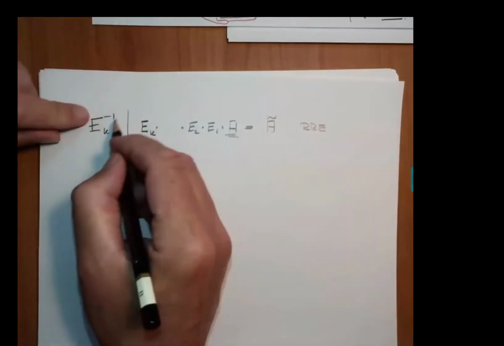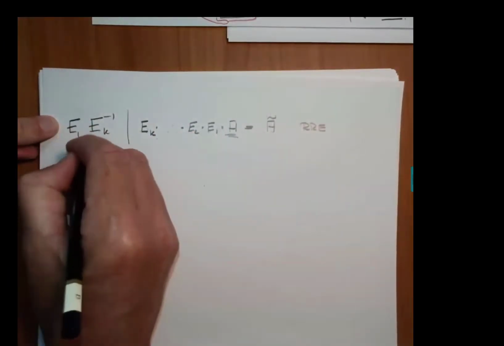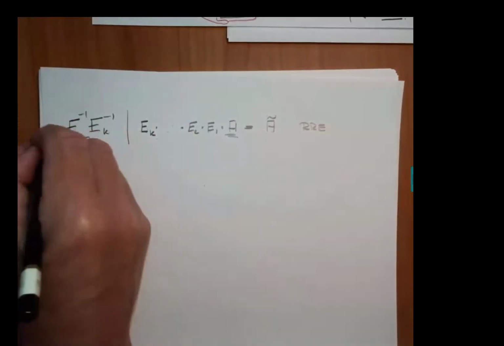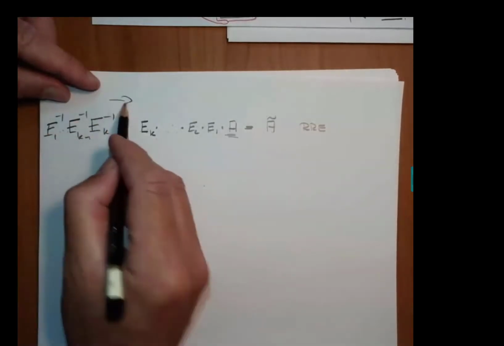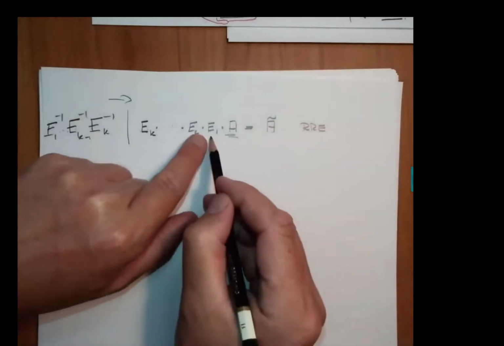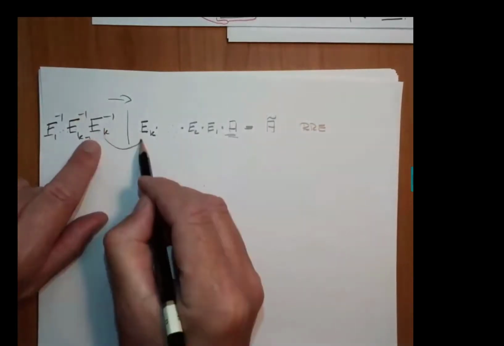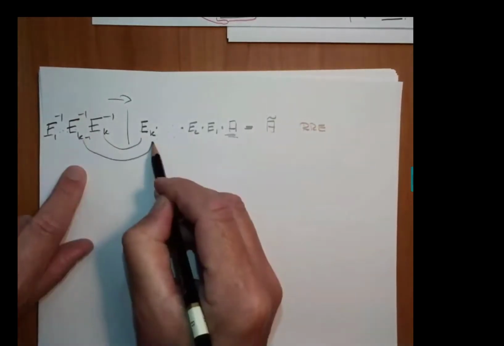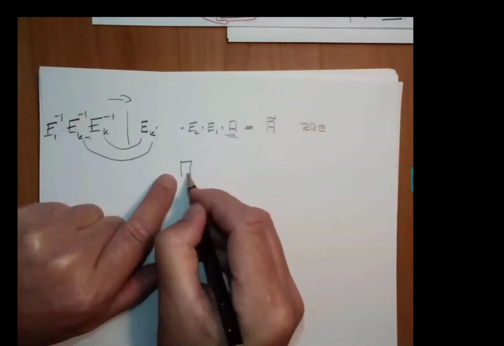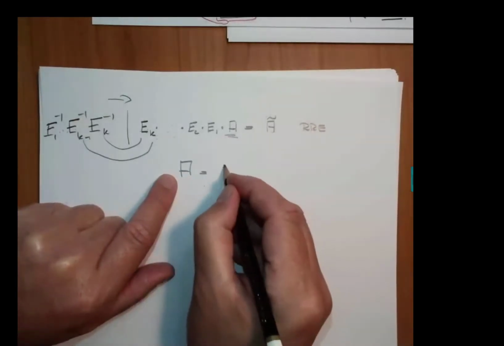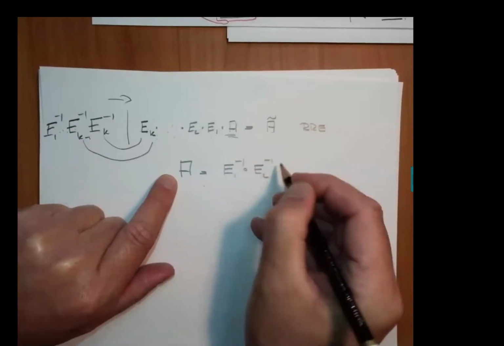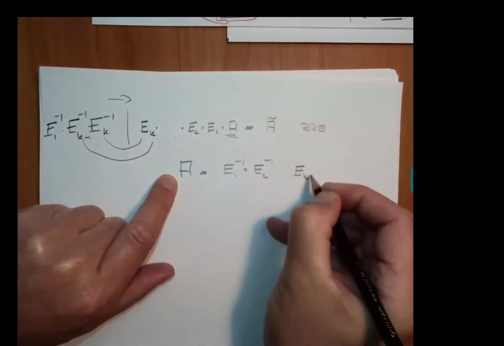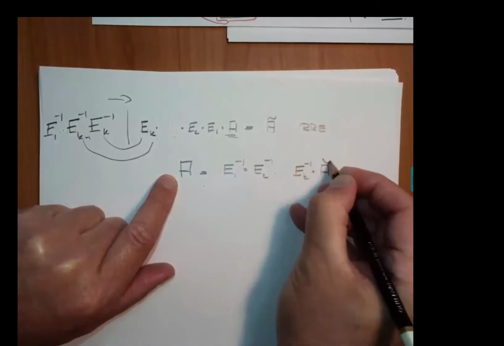I can do this one after the other up to E_1 inverse, multiplying from the left. Then these will all disappear because whenever they come together, they give me identity. So I have A equal to E_1 inverse, E_2 inverse, up to E_K inverse times A tilde.